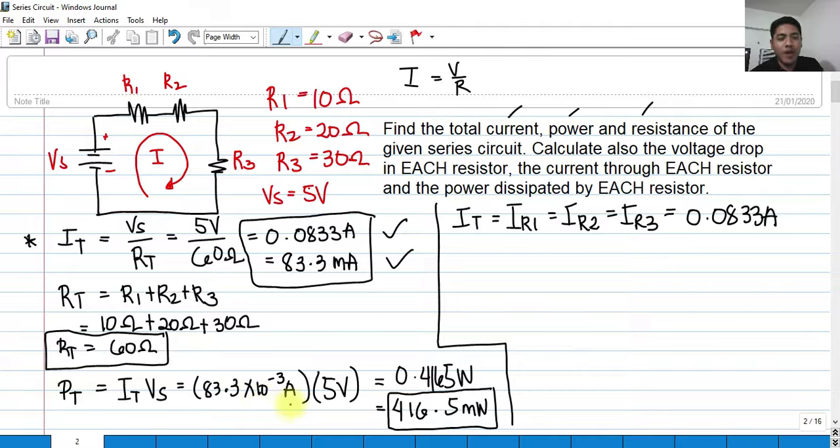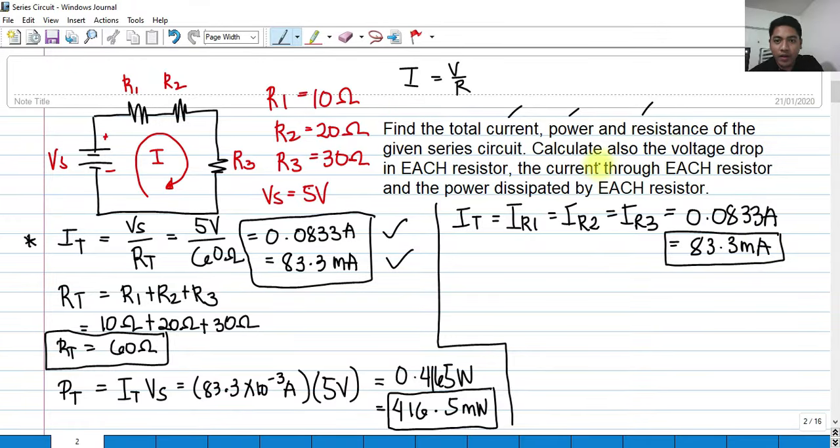Whatever notation you use, they are still the same, but it is more appropriate to use 83.3 milliamperes because that is in engineering notation.